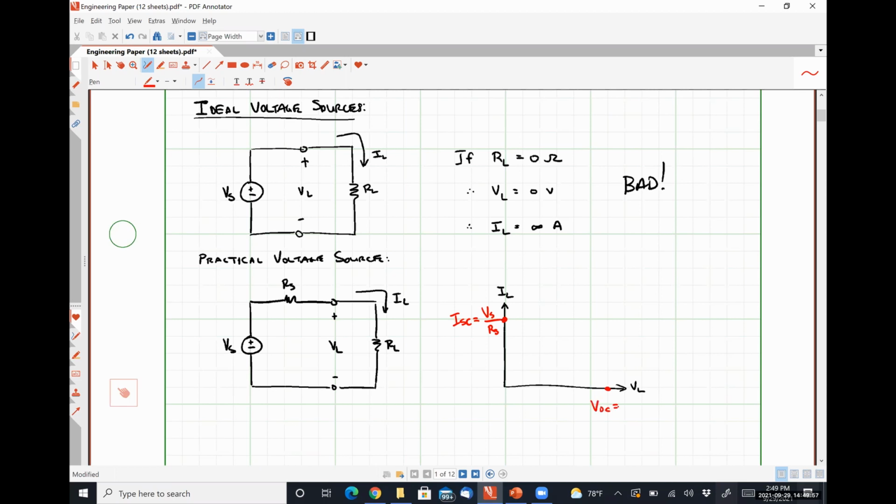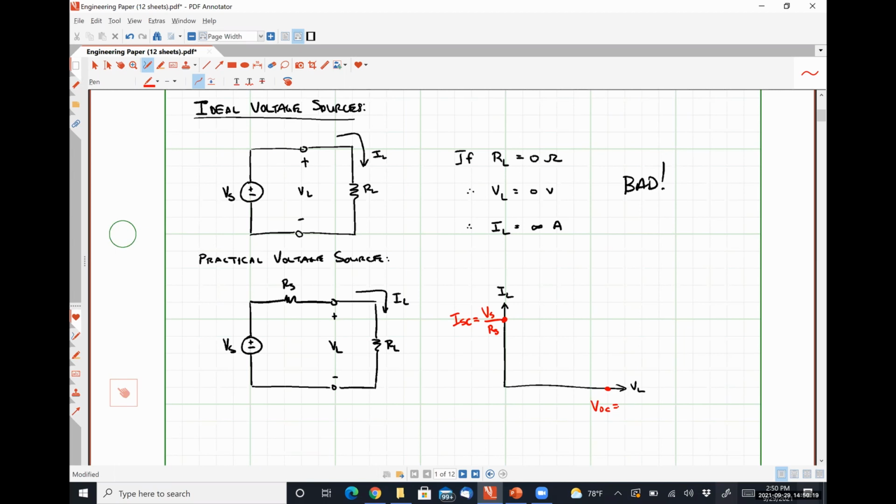And what is our open circuit voltage going to be? So we are saying that RL is an open circuit in this case. So what does the open circuit voltage need to be? Just VS by itself. There can't be any voltage drop over that resistor RS if there's no current flowing through it.